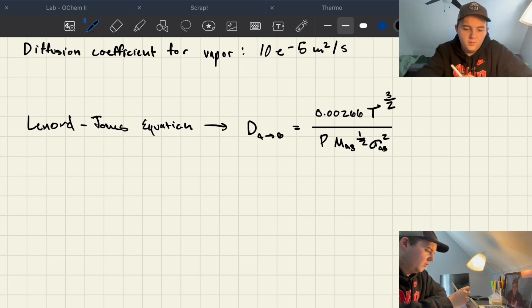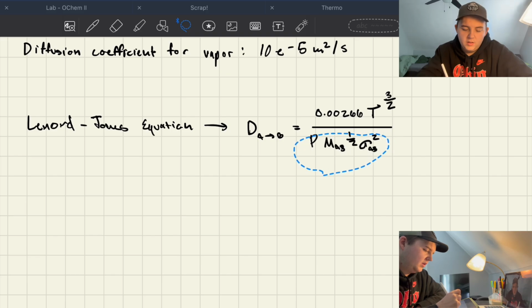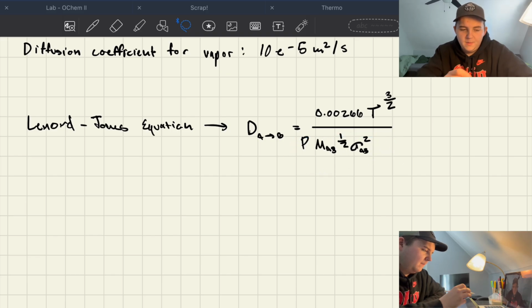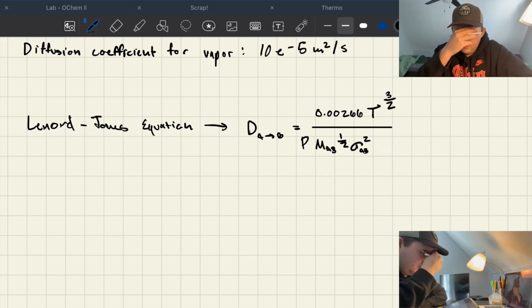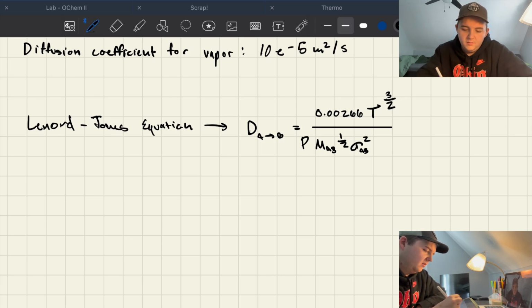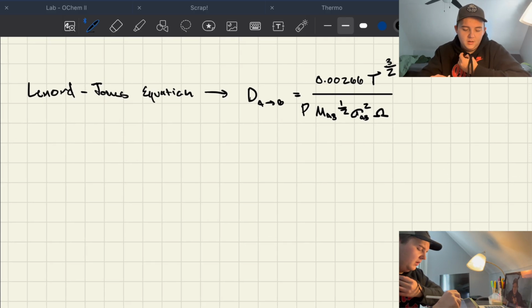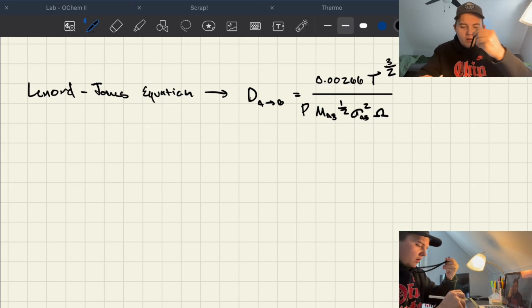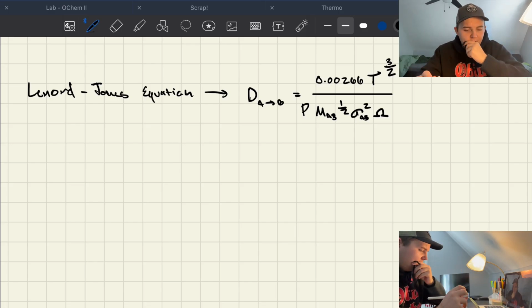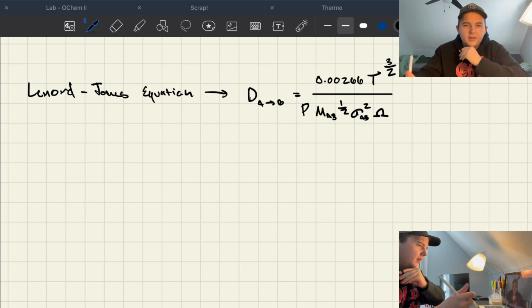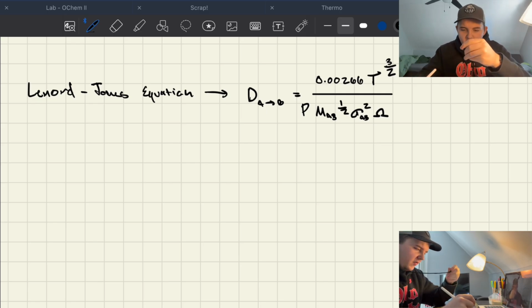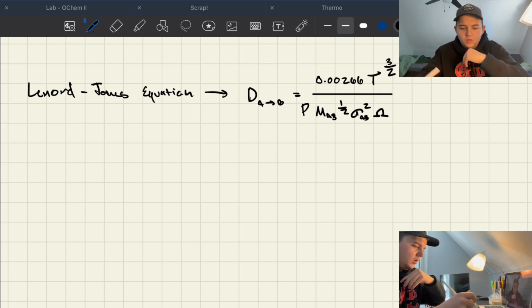And then there's one more value, which is omega, and that is the diffusion collision integral.